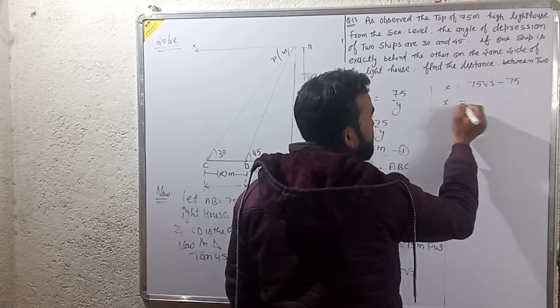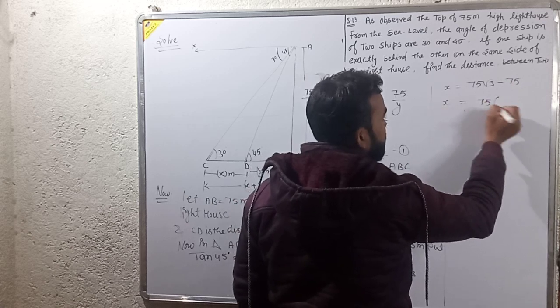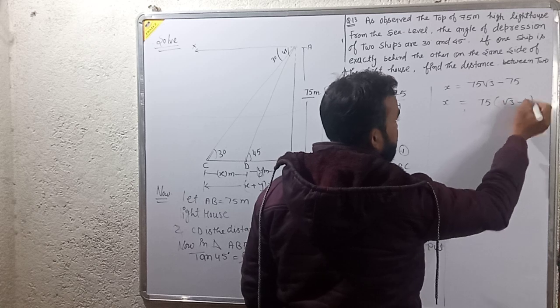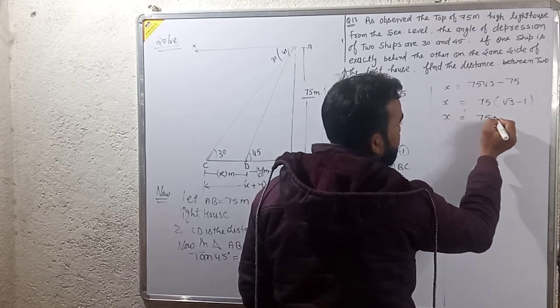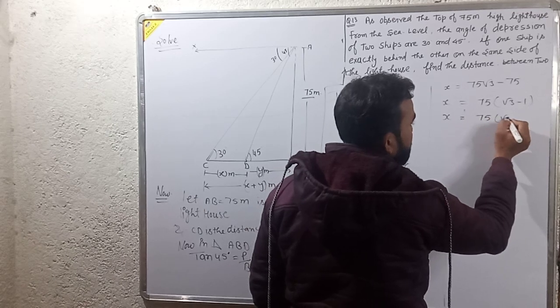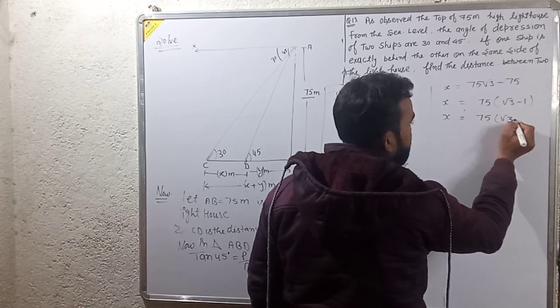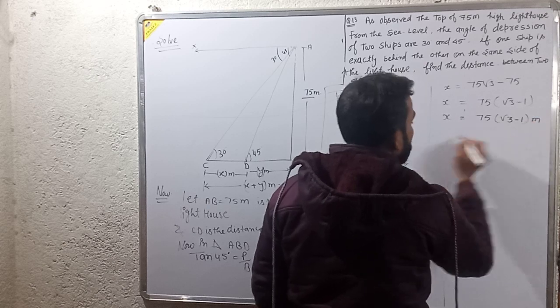So x is equal to 75, taking common, root 3 minus 1 meters.